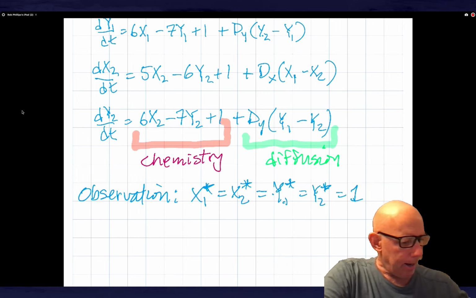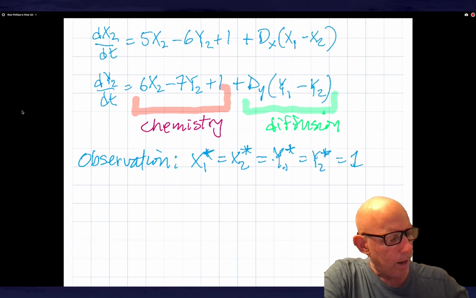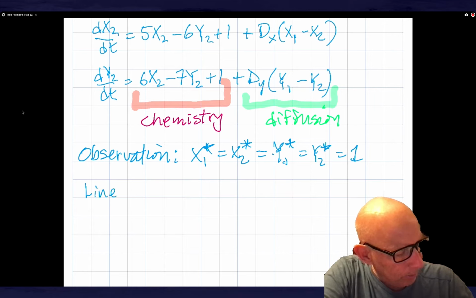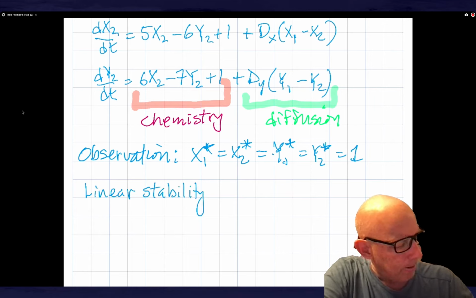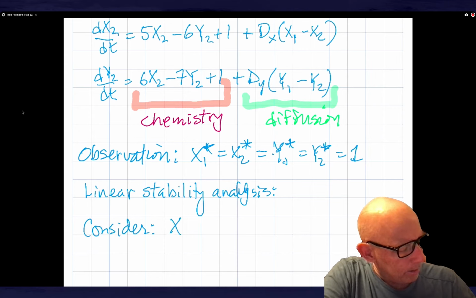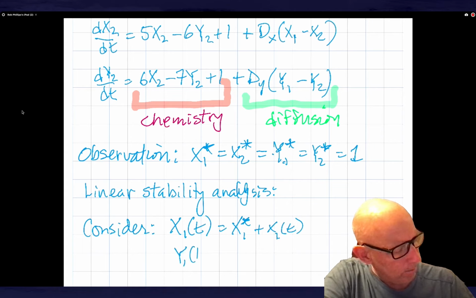Now, I think I could rewrite this. What I want to do next is the linear stability analysis. So we consider that x1 of t is equal to x1 star plus little x1 of t, and so on.